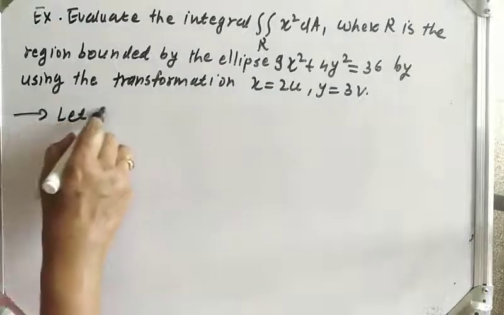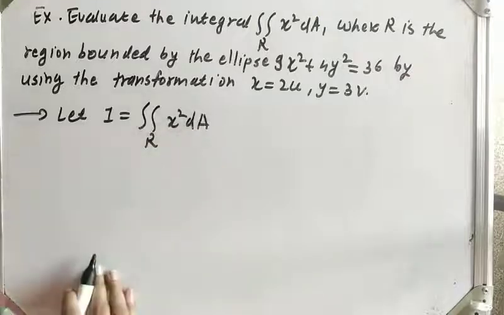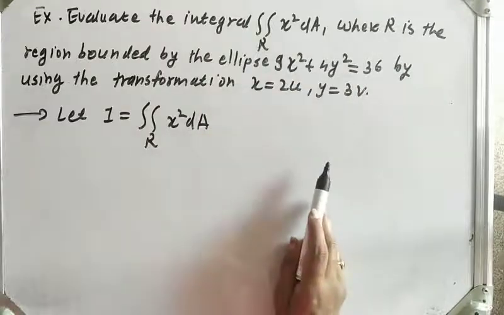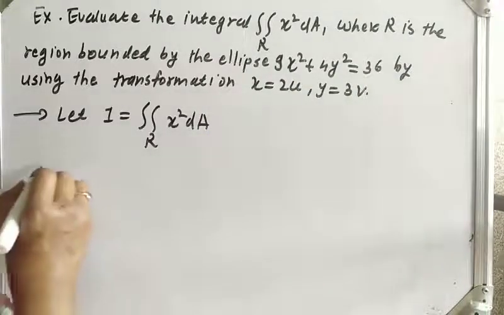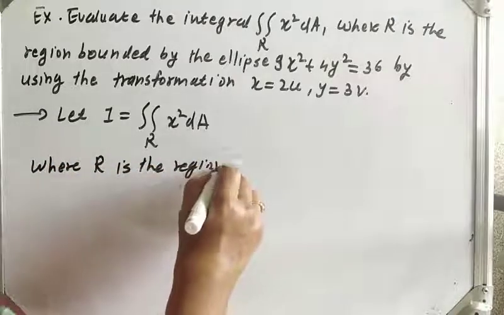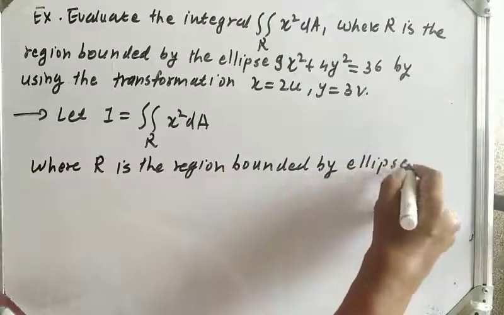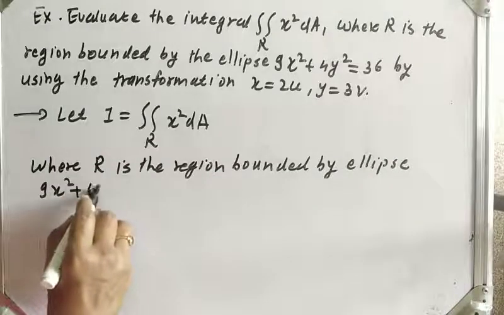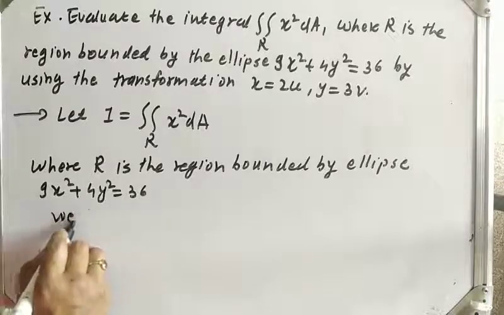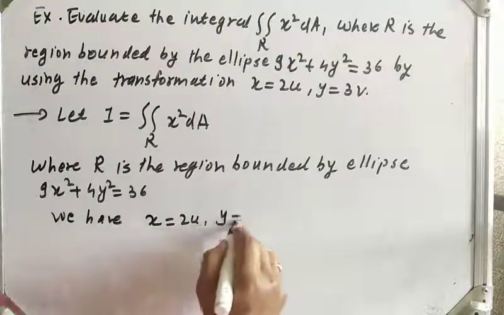So first of all, let I is equal to this integral over R of x square dA. Region R is bounded by this ellipse, and the transformations are also given to us. Where R is the region bounded by the ellipse 9x square plus 4y square is equal to 36. We have the transformation x is equal to 2u, y is equal to 3v.